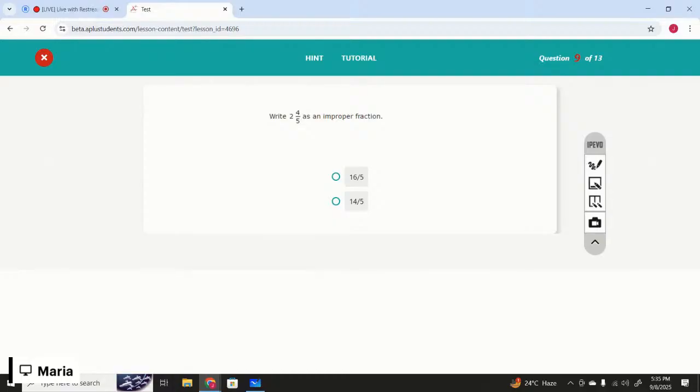Write 2 whole 4 by 5 as an improper fraction. Fourteen over 5. Option number 2 is the correct option.